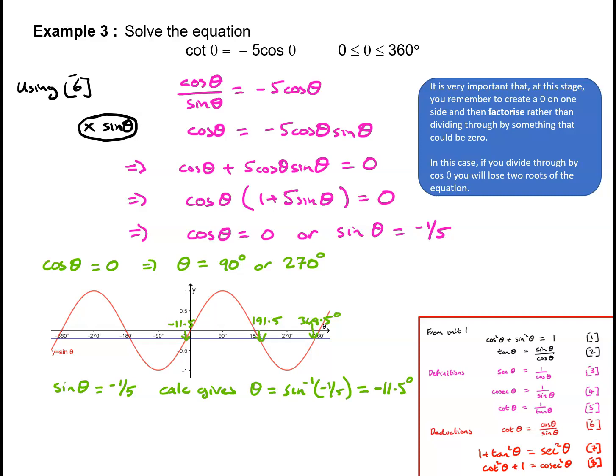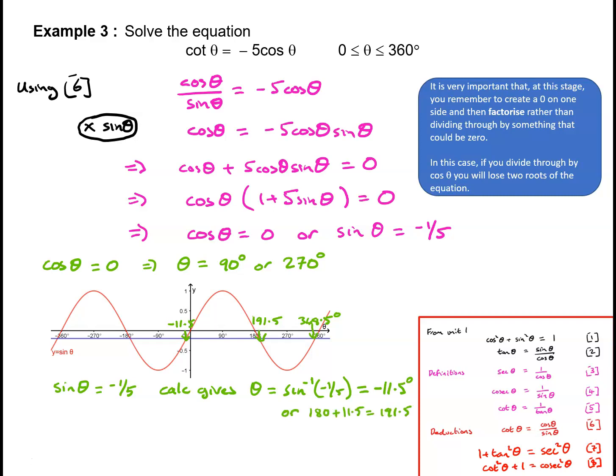Now that isn't in our domain because we're only interested in values between 0 and 360. But the symmetry of the sine graph tells me that I'm going to have a solution at 180 plus 11.5 degrees and a solution at 360 minus 11.5 degrees.